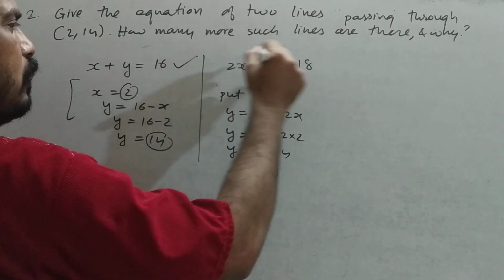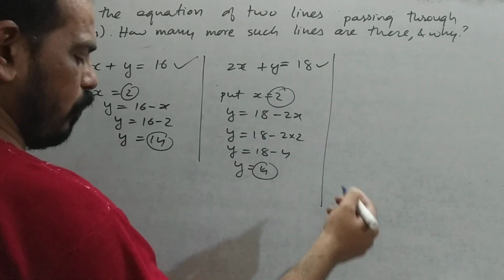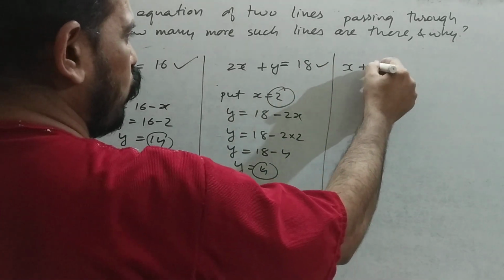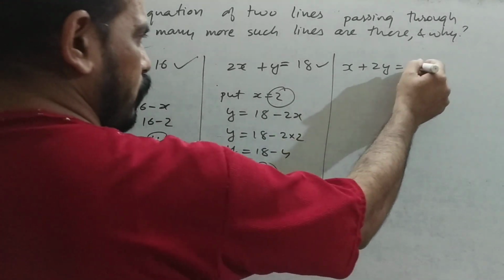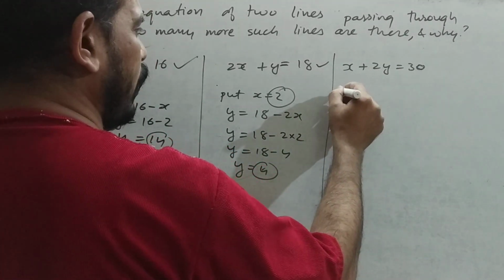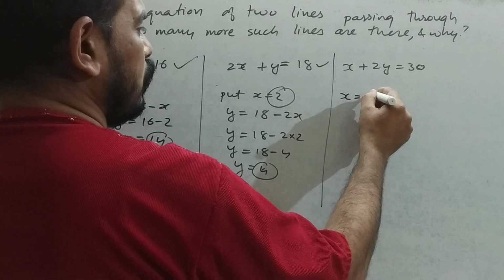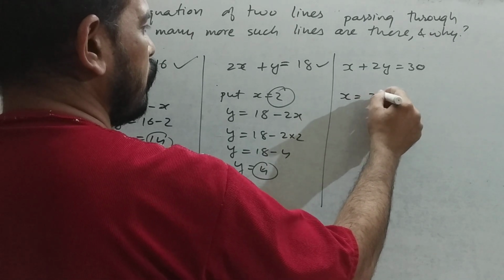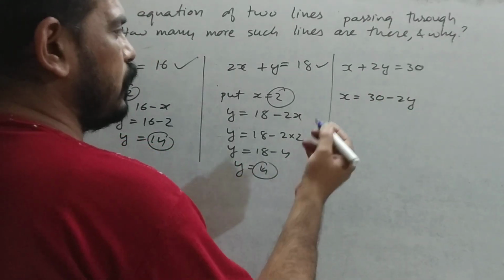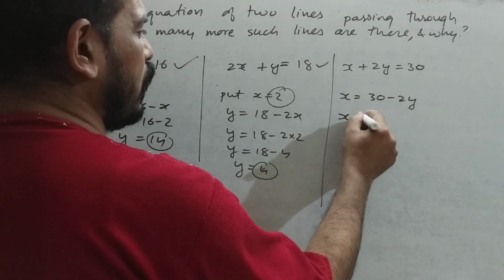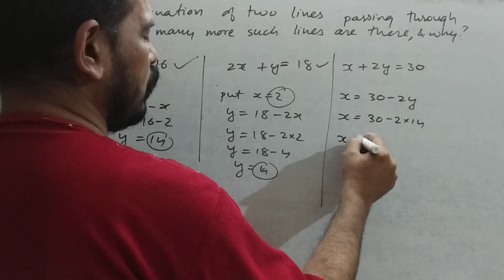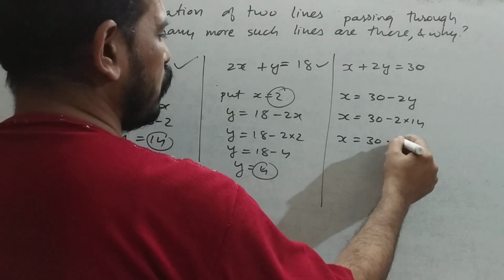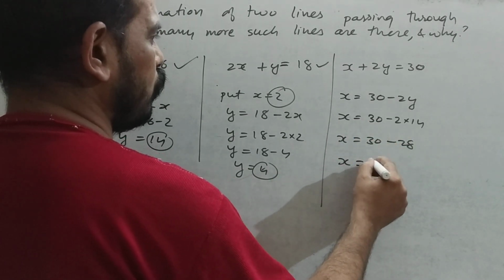One more example: x + 2y = 30. This you have to think. So x = 30 - 2y. Suppose you put y = 14. Then x = 30 - 2 times 14, x = 30 - 28, x = 2.